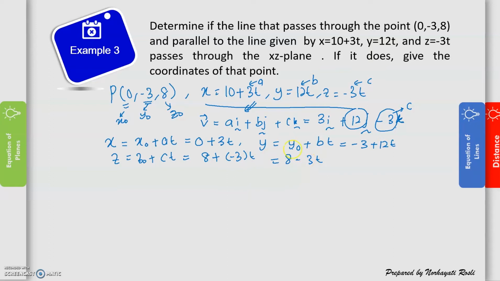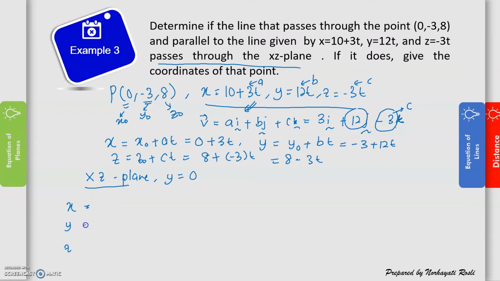Then the question mentioned that the line also passes through the xz plane. It means that when it passes through the xz plane, y should be equal to 0. The question asks us to give the coordinates of the point, so we need to find the coordinates where our line passes through the xz plane. We need to compute x, y, and z.